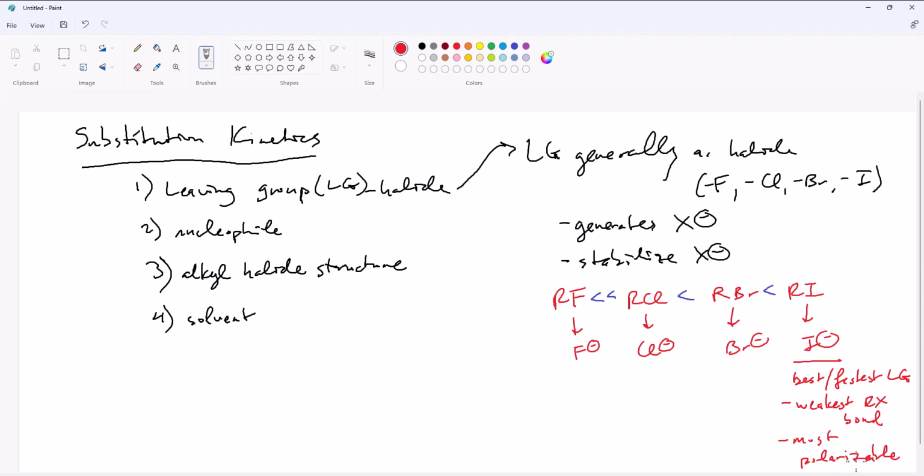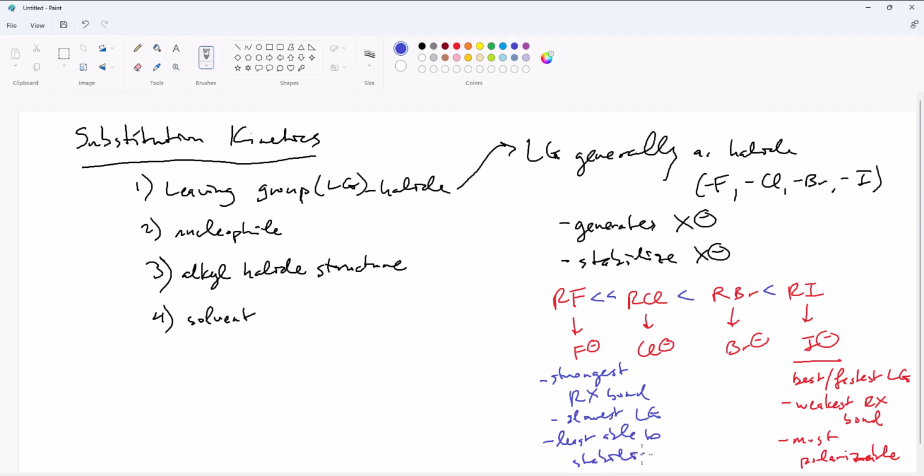If we think about the polarizability of each of these anions, I minus is not only the largest, but it has the largest electron cloud to spread around this negative charge. It is most polarizable, so it can better stabilize this negative charge. If we're looking at the other side of the spectrum, F minus, this is going to be the strongest RX bond, the slowest leaving group, and the least able to stabilize.